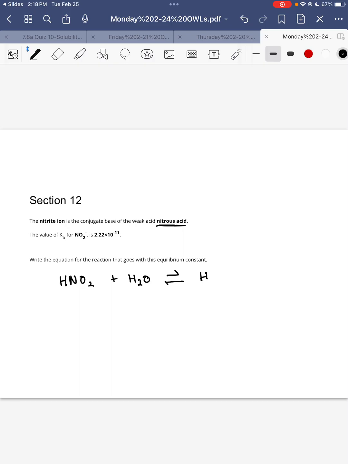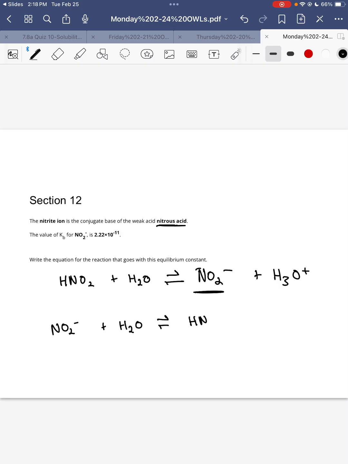sorry, I wrote that out of order. Not that it really matters, but I like to write it in this specific order just for consistency's sake. It's going to form those two products. And then I'm asked for my equilibrium constant for my nitrite ion. So my nitrite ion then is going to interact again with the water.